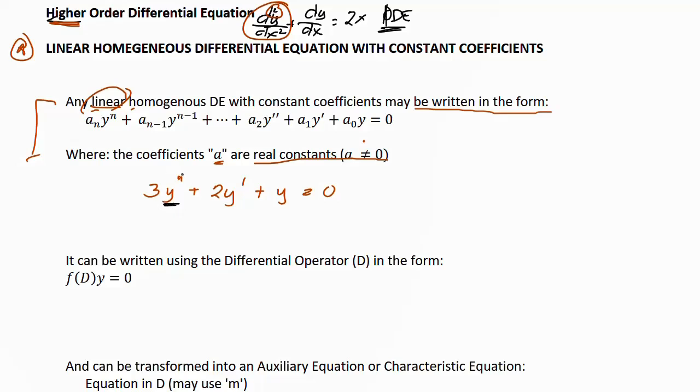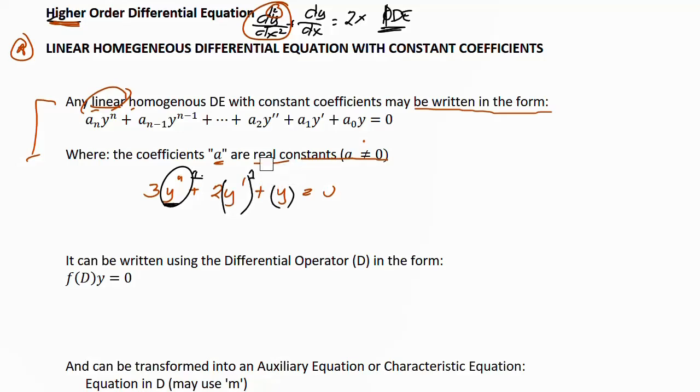And also, since these derivatives are raised only to 1, we say that it is linear, right? If this y is raised to 2, I mean it is being squared, then it is not linear. It is the same definition of linearity as we have discussed before.